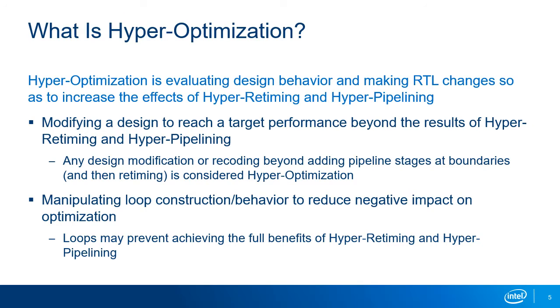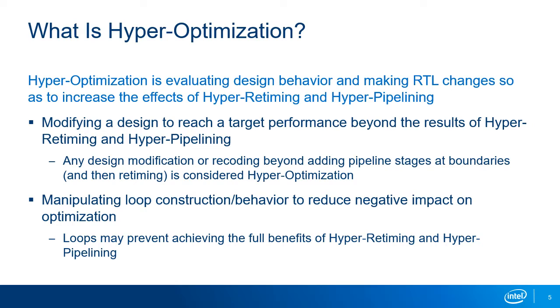Most of hyper-optimization involves loop management, since loops serve as barriers to the benefits of retiming. So any manipulation of loops to reduce or eliminate their effects to retiming falls under the heading of hyper-optimization.